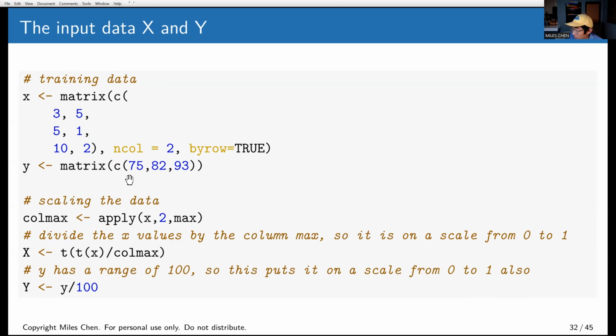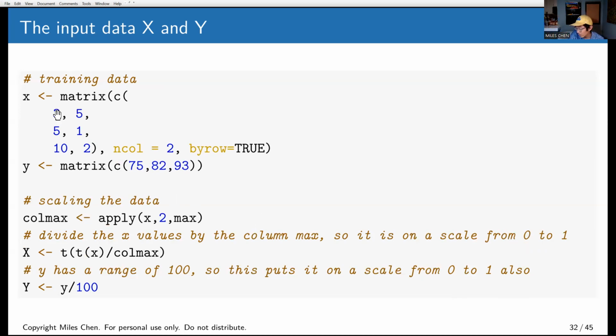So we don't want X values that are like 10 or 5, because at X equal to 10, the slope is almost 0. So we're going to scale them to values between 0 and 1. It doesn't have to be between 0 and 1; we could have scaled it to something else.